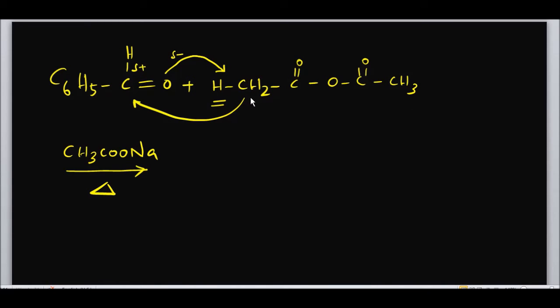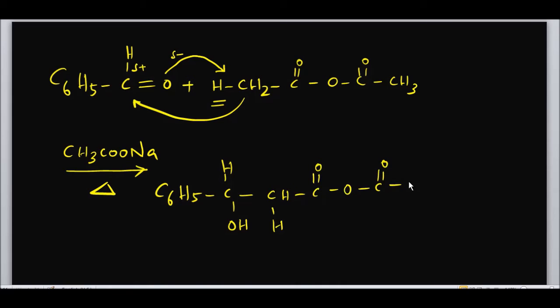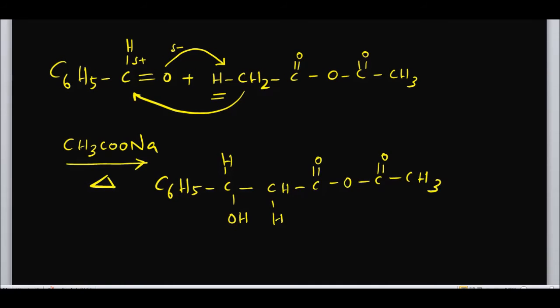So the carbon is attacked by this carbon and oxygen is added with this hydrogen. The result is C6H5CH, and after adding the hydrogen, O becomes OH, and here I can write CH2, C double bond O, O, C double bond O, CH3. The intermediate is thus formed.